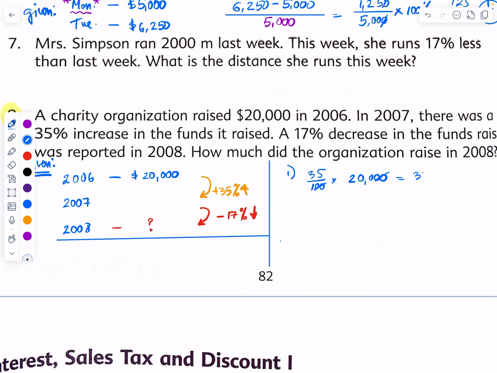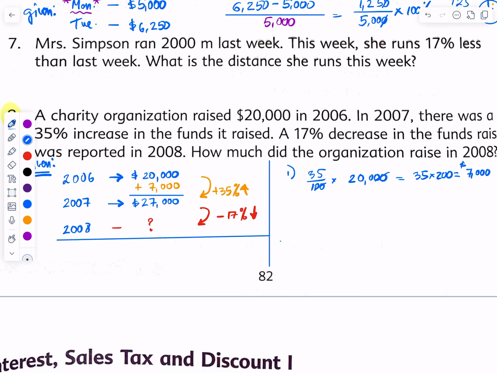Let's just write it down, spell it out. 35 times 200, which is the same as 70 and 20, $7,000. That is plus $7,000. That is the 35% increase. And after that, they raised altogether $27,000 in 2007. Let's just write it down like that with an arrow.